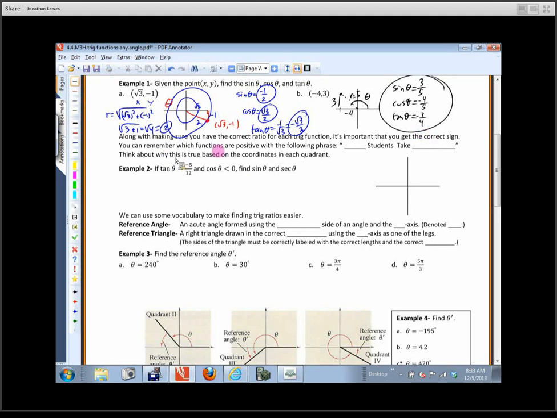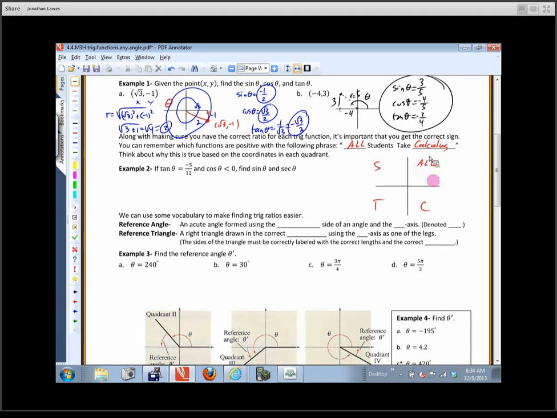And you can remember which trig functions are positive by remembering this statement right here. All students take calculus. So what we mean by that is all of the trig functions are positive over here. So if you start in quadrant 1 and then, like we do for an angle in standard position, go in a counterclockwise direction, this would be all students take calculus.